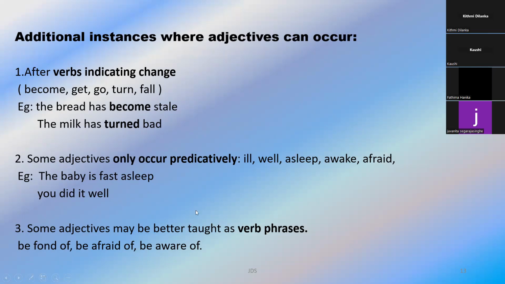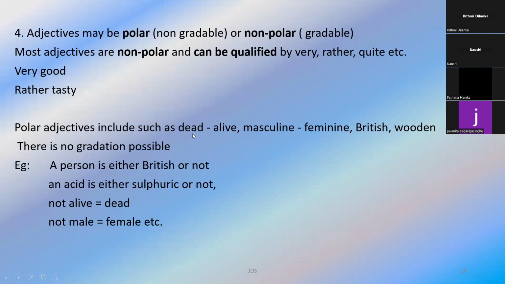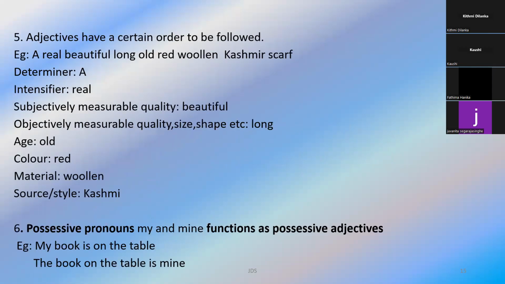Then you have certain verb phrases used as adjectives, and the polar and non-polar classification. And the last one, soon after the order of adjectives, you have possessive pronouns, mine, which functions as a possessive adjective. So this is what we discussed under parts of speech and word classes.